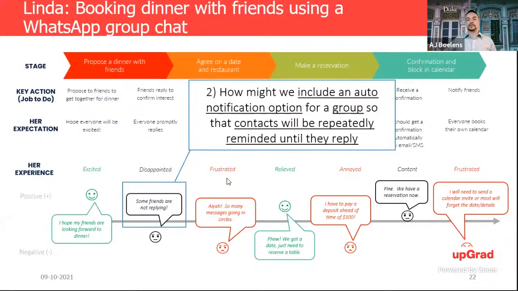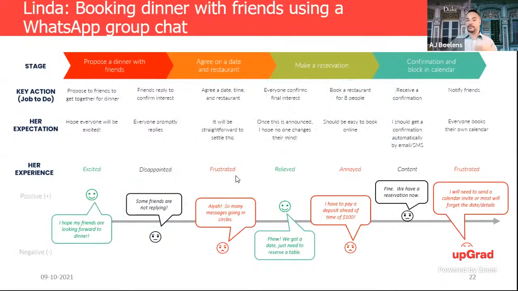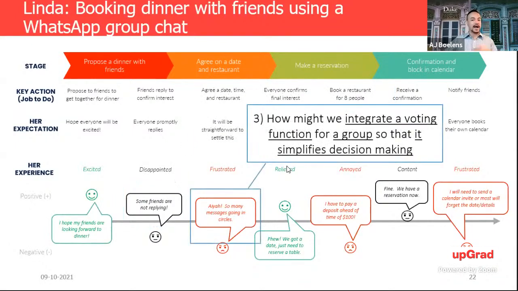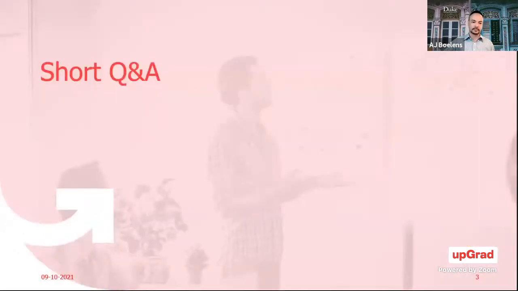That could be another potential solution or part of the solution. Or how might we integrate a voting function for a group so that it simplifies decision-making? I would love to have that within a WhatsApp group chat. So here are some ideas of different problem statements we can extract from the user journey.